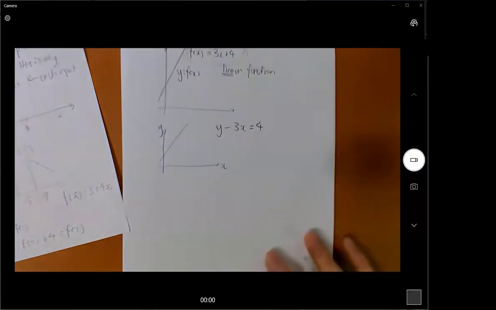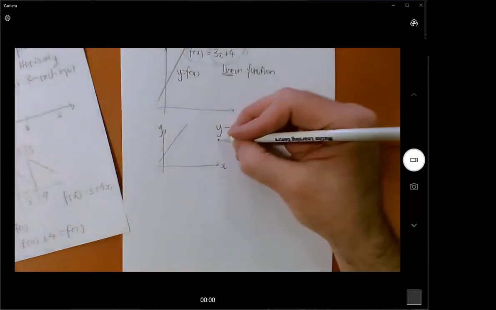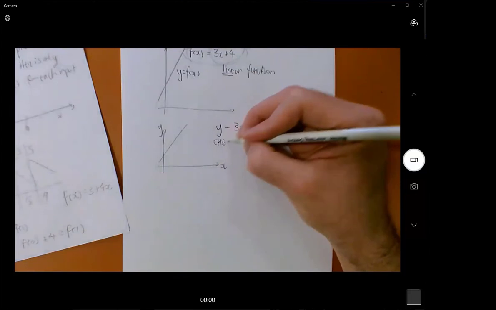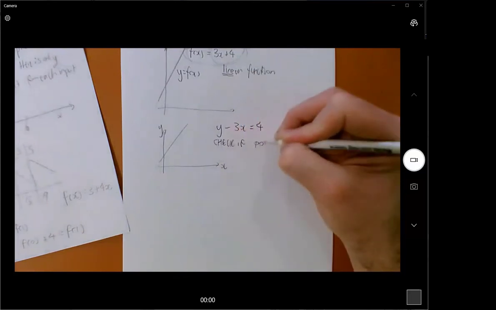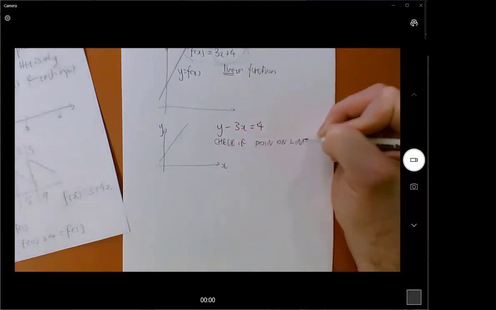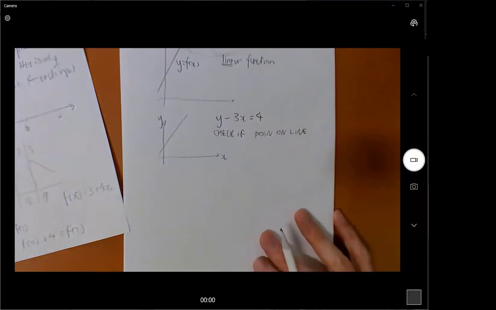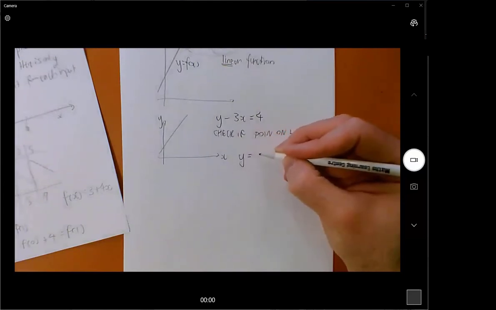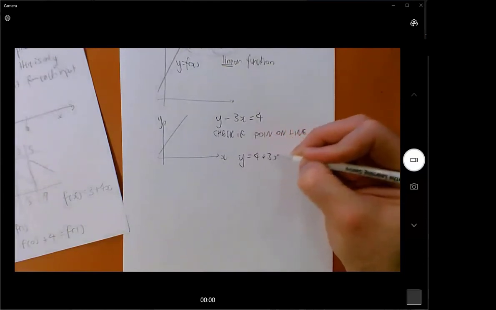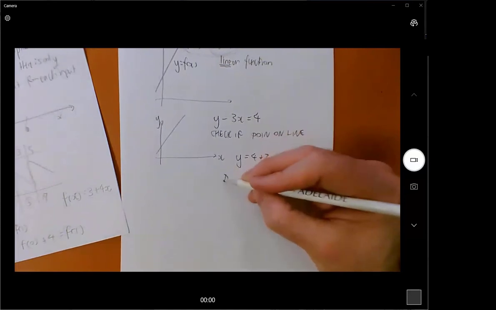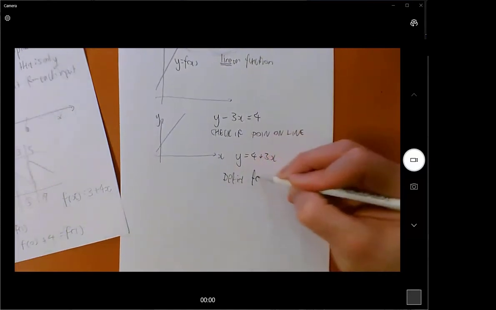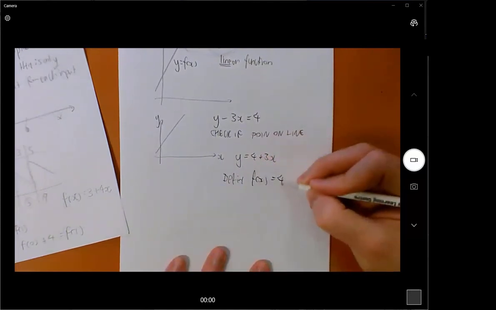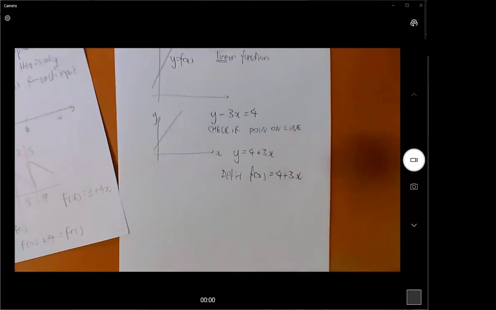And so if you have an equation, this checks if a point is on the line, but I could do algebra to rearrange it into a function version. So I could say, well, y must be 4 plus 3x, and yay, now it's a function, and define the function to be 4 plus 3x, and then it's done.